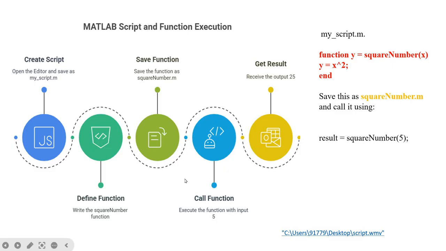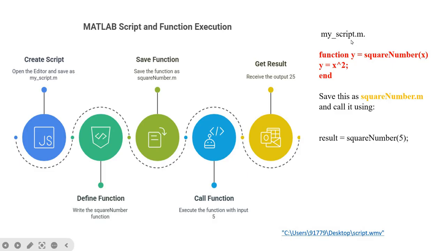Then we'll open our main file, and there we will call this function for finding the square of a number. Suppose I give the number as 5. I want to find out the square of 5. When I execute or run this, I will get the result as 25.